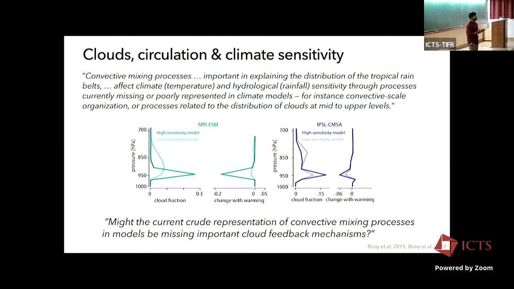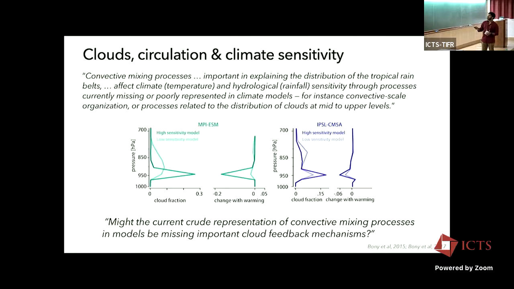And this only means high sensitivity of cloud fraction, or high sensitivity of clouds to the ECS. And same with the IPSL model. What we see is that the change in cloud fraction between the low sensitivity and high sensitivity models shows a strong positive or negative feedback. So this is how the clouds will change with warming.